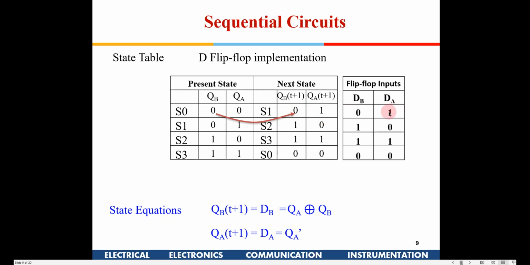So this is straight away the same thing, DA and DB are the next state itself. For 0 1, it has to now change to 1 0, so DA DB will be 1 0. Then from 1 0 it has to go to 1 1, so this will be 1 1, and then from 1 1 it has to go to 0 0. So it becomes 0 0.